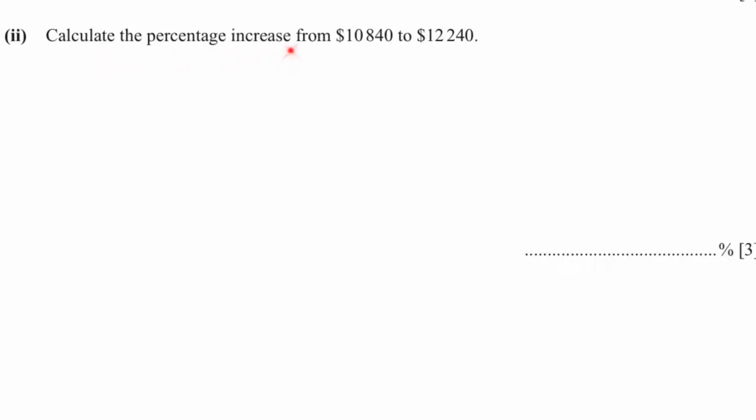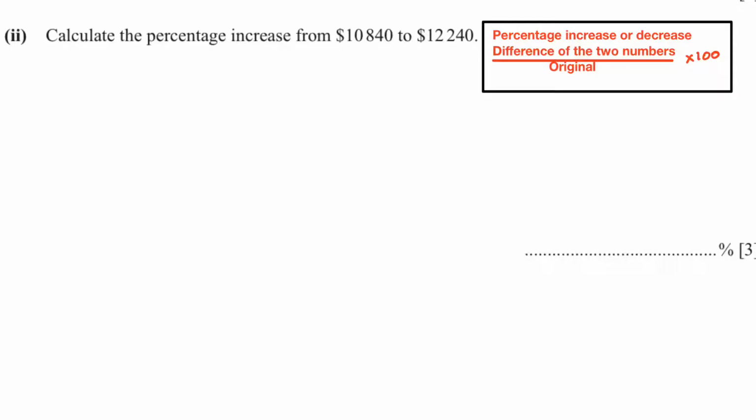Calculate the percentage increase from $10,840 to $12,240. There's a formula that you should know. Whenever you want to find the percentage increase or decrease, find the difference between the two numbers and put it on the top, and the initial starting price, make it your denominator and multiply by 100. It works for both increase and decrease.